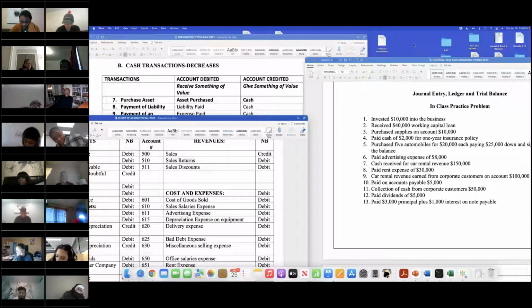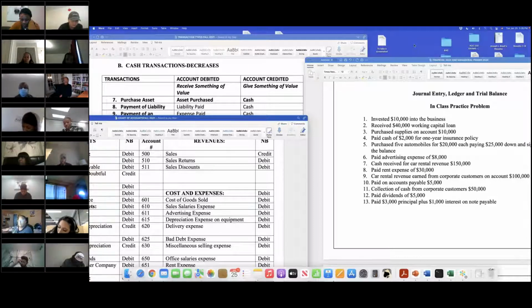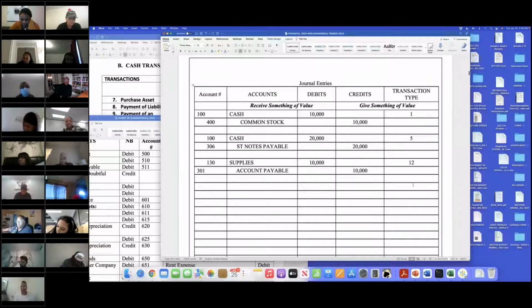Because the insurance will eventually become an expense, but when you first buy it, it's an asset. So we're going to debit prepaid insurance, and we're going to credit cash.